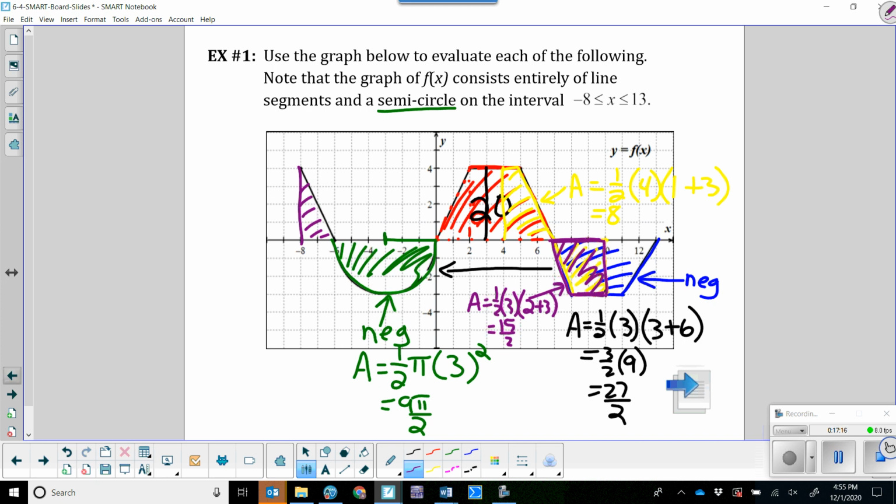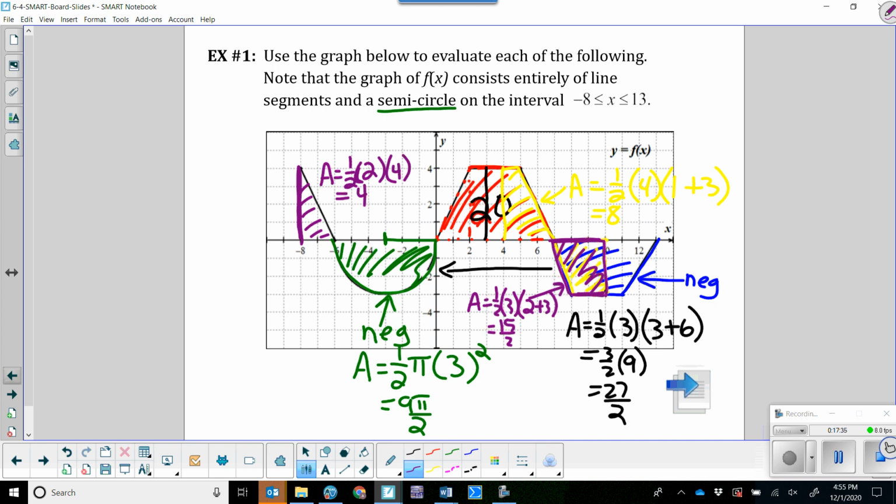So the area of that triangle is going to be 1/2 base times height. Base is 2, and your height is, clearly it's a right triangle here, so your height is 4. So this is going to be 4.